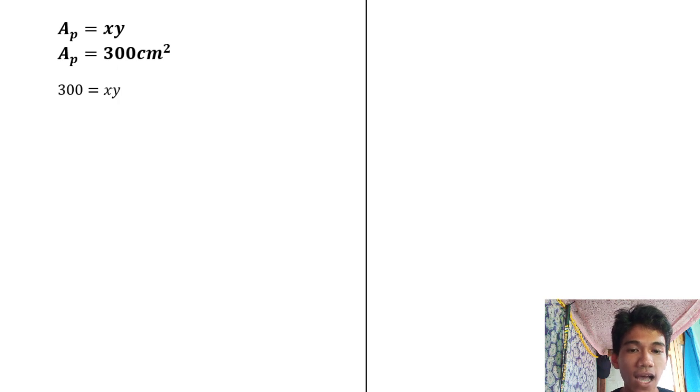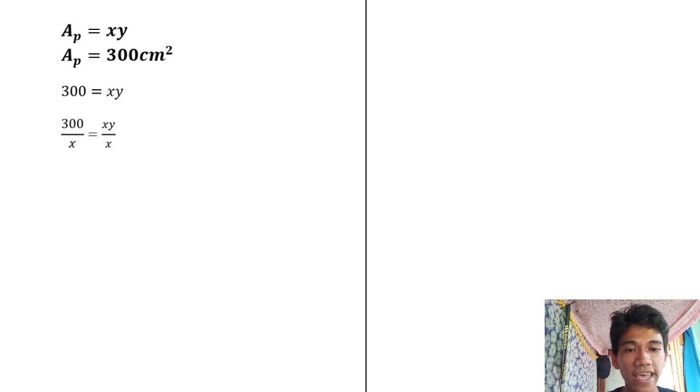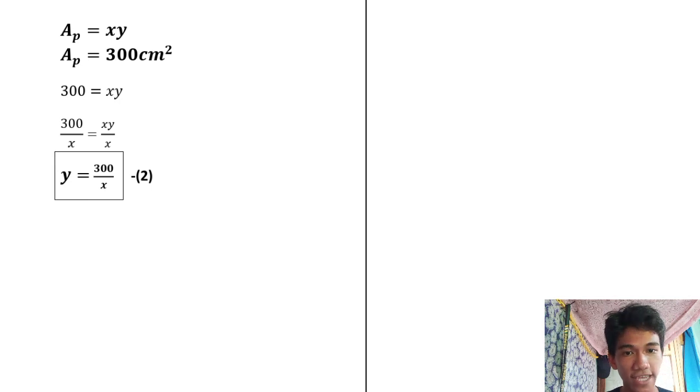Then we substitute A sub P with 300, so 300 is equal to xy. Then divide both sides by x so that only y remains. The value of y is equal to 300 over x.